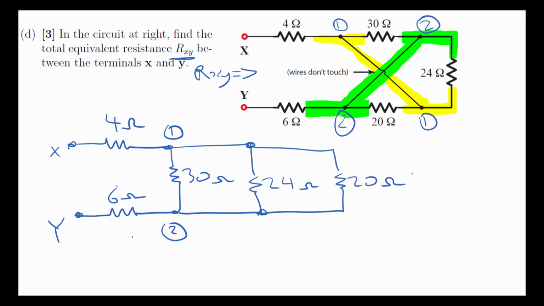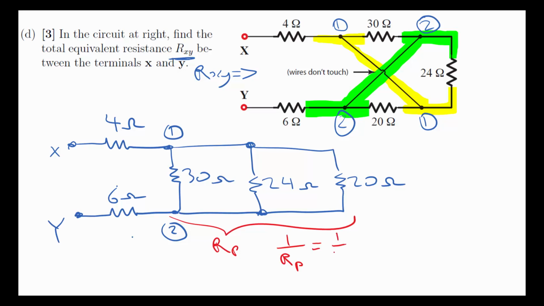Okay, that's great. Now we see that all those 3 resistors on the right hand side are in parallel, and we can find the parallel equivalent resistance for that. Let us say that that is our R parallel. What is our R parallel going to be? For parallel resistances, we know our equation is 1 over R parallel is equal to the sum of the reciprocals of all of the resistances.